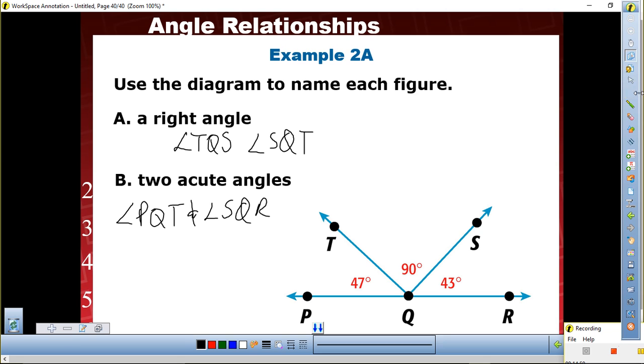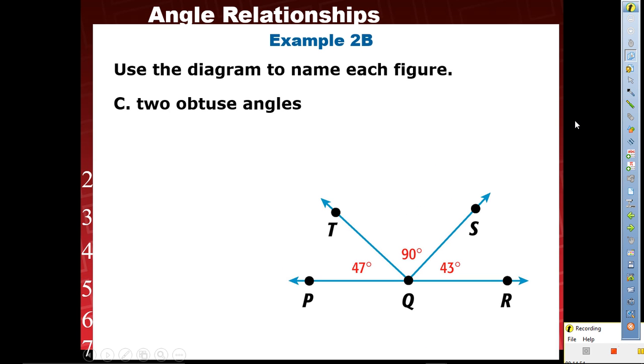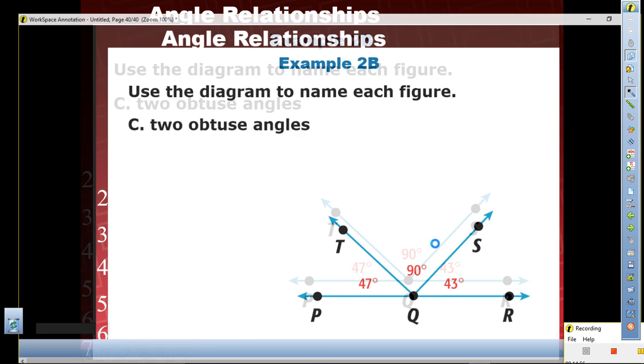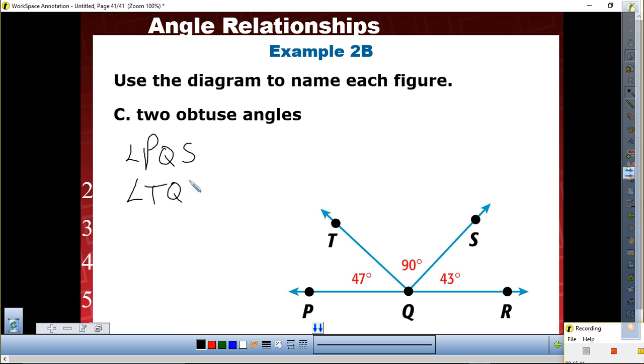Are we there? Okay. How about this one? Obtuse, angles that are greater than 90 degrees. So how about angle PQS or angle TQR or angle PQR, TQS? That's only 90 degrees.